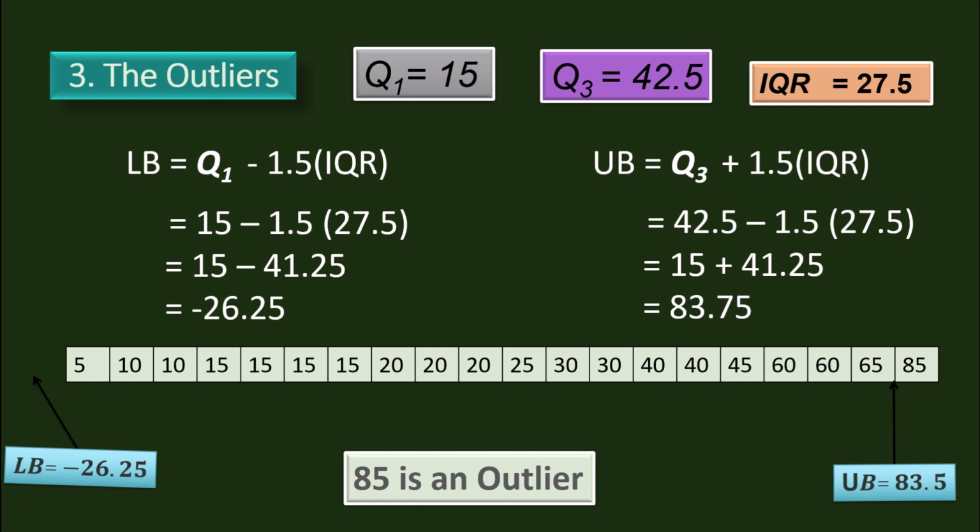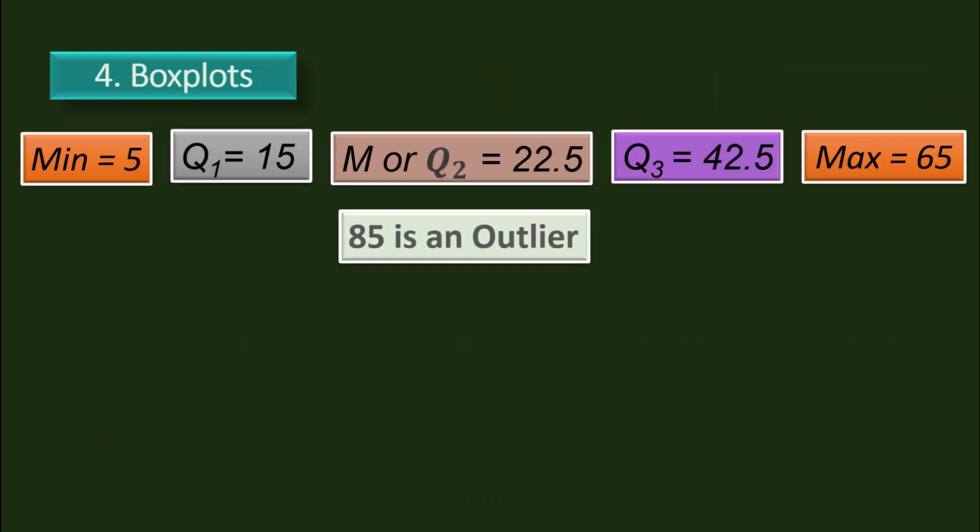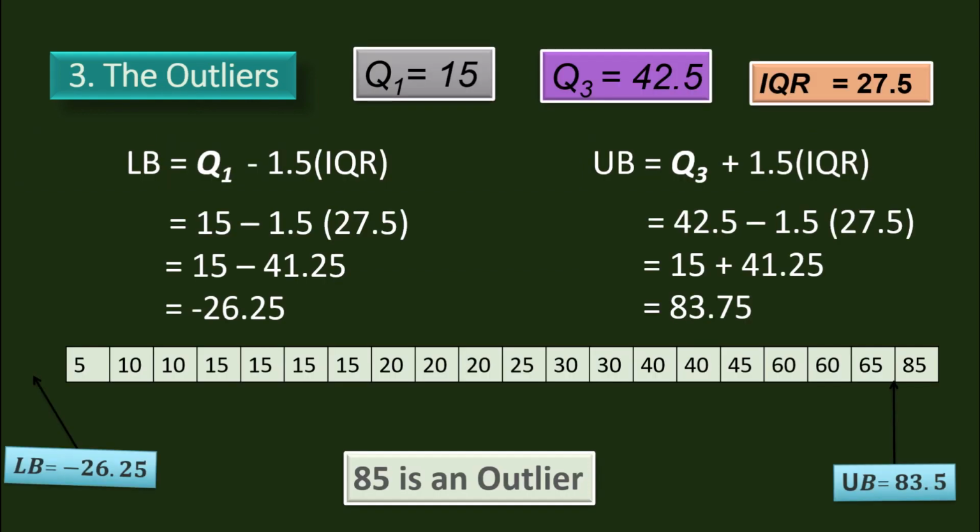Now we have all the information we need: minimum, Q1, Q2, Q3 and maximum. You see now the maximum is 65. What happened? Our maximum was 85, right? But 85 is an outlier. Once we understand 85 is an outlier, we consider the rest of the data and we don't consider the outliers.